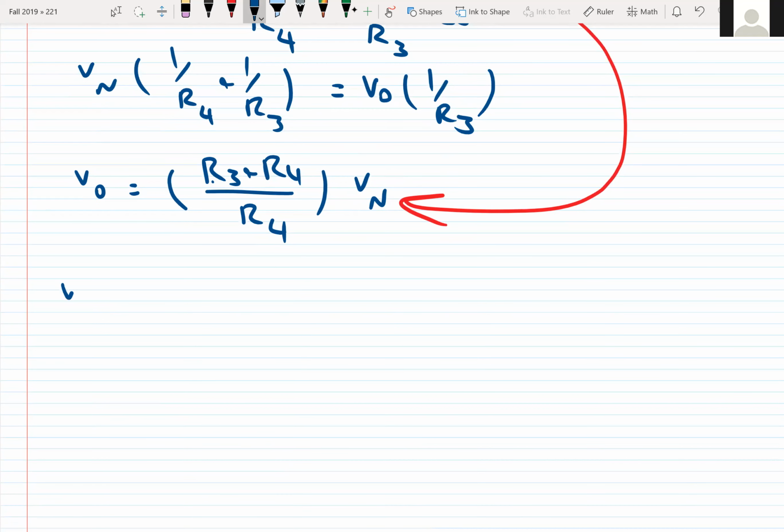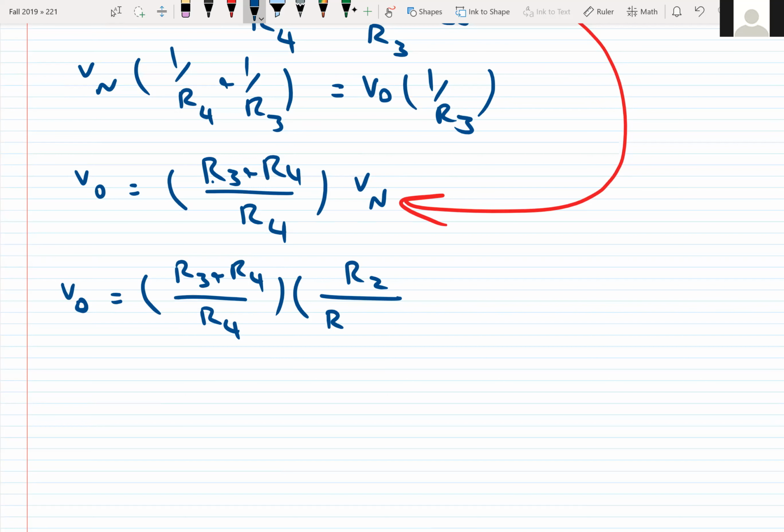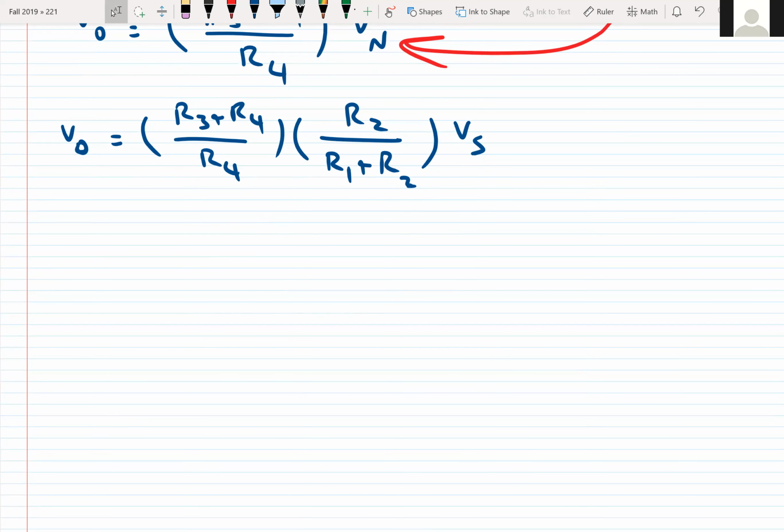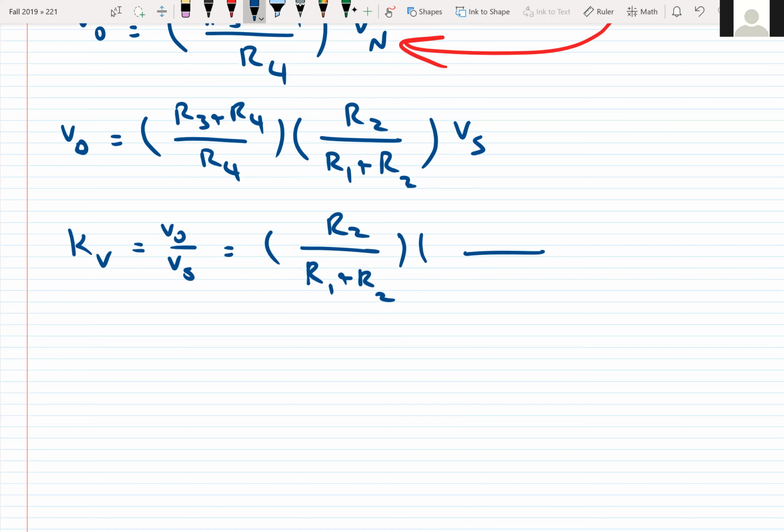So Vo is equal to R3 plus R4 over R4 times, instead of Vn, R2 over R1 plus R2 times Vs. This is the relationship between the output and input, and of course the gain, which is Vo over Vs, is equal to R2 over R1 plus R2 times R3 plus R4 over R4.